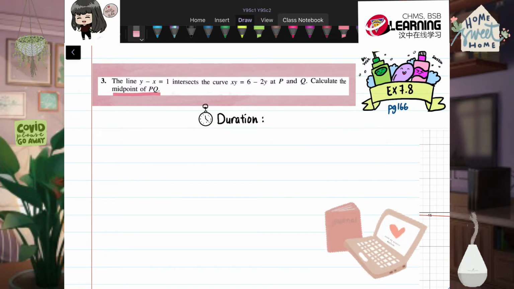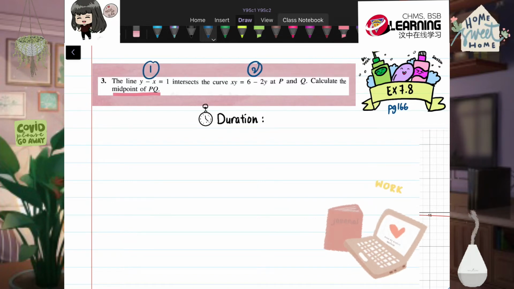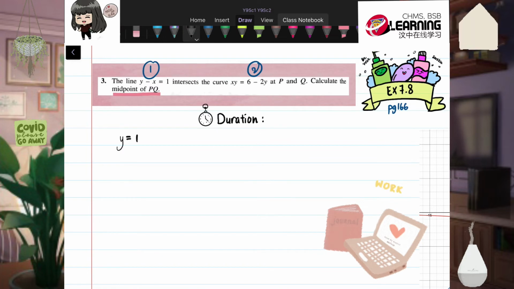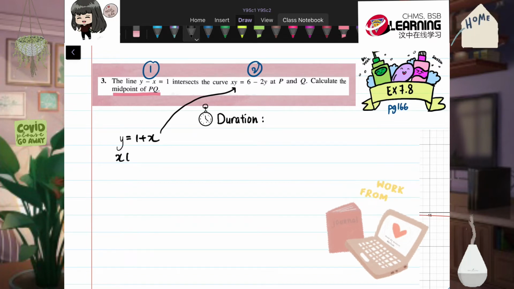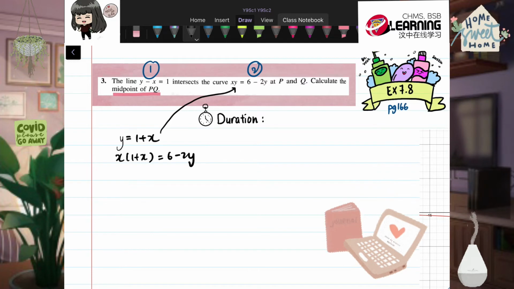Alright, I'm going to do this question together with you. We're going to do simultaneous equations, because maybe some of you have forgotten how. For the first equation here, I make y the subject.